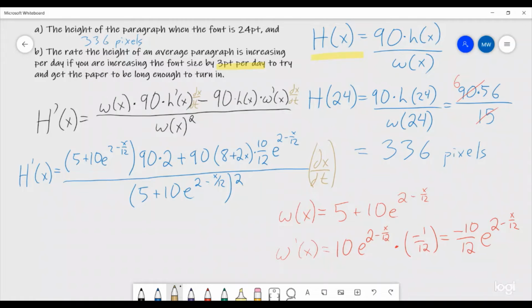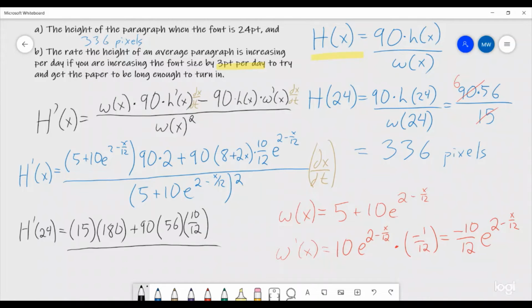So, going through and plugging in the different values we get, we find that h prime at 24 is going to be, we got 5 plus 10 e to the 0, so that's a 15, times 180, 90 times 2 is 180, plus 90 times 8 plus 2x, let's see, 8 plus 48, that's 56, times 10 over 12 times e to the 0, that's times a 1, all over, let's see, 5 plus 10 e to the 0, that's all over 15 squared, multiplied by dx dt.